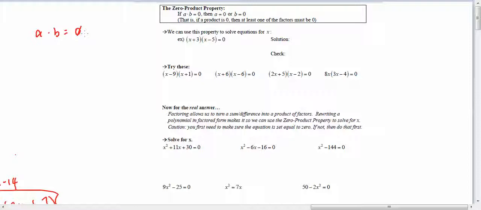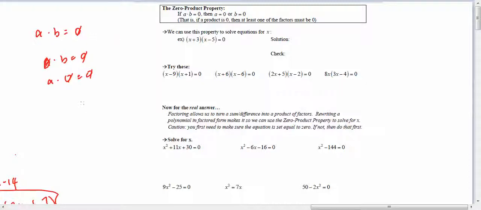I can say that either A is equal to 0, or B is equal to 0. Does that make sense? Because if A were 0, that would be 0 times B equals 0. That's always true. Or A times 0 is equal to 0. Yes, that's always true, because anything times 0 is 0.